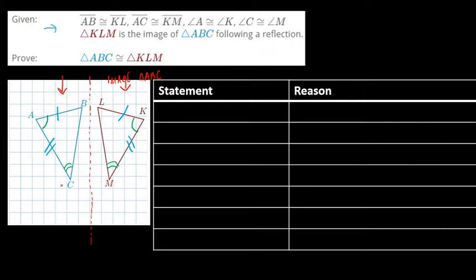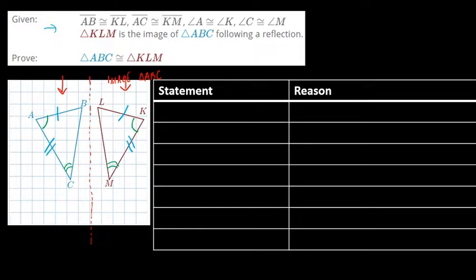You can see that ABC would leave an imprint in the shape of KLM, and that's what we mean by a reflection. So, again, KLM is the image or the result of triangle ABC being reflected across a line of symmetry. And given all this information, we're asked to prove that triangle ABC is congruent to triangle KLM.